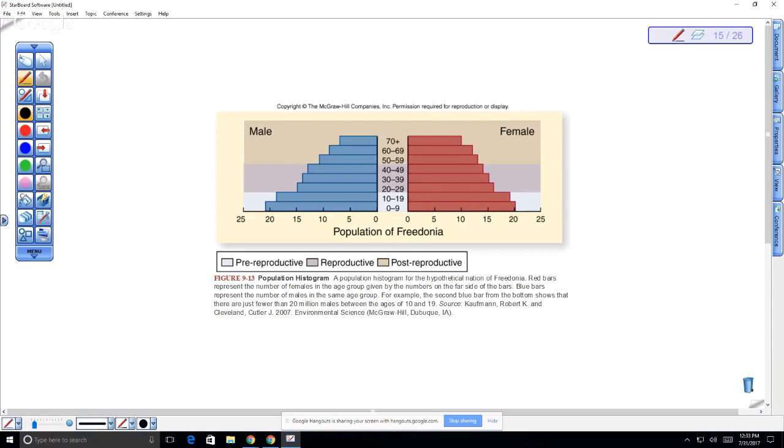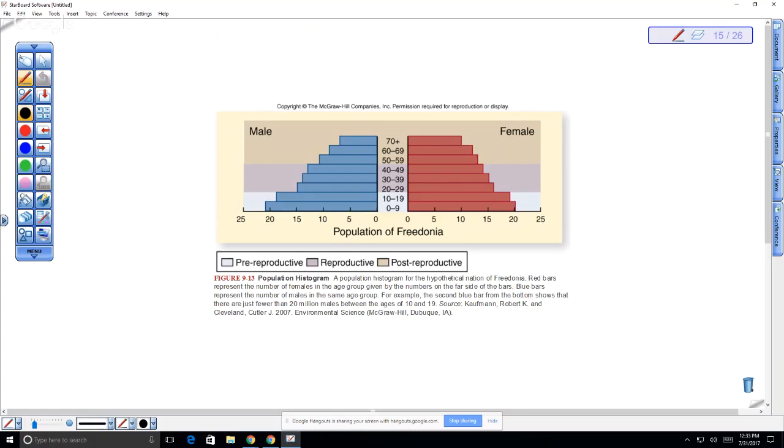You'll notice that the number of individuals in the 0 to 9 group is greater than at the 70 plus. So this would be a population that is going to increase in size because we have a large base and it's kind of a pyramid shape here.